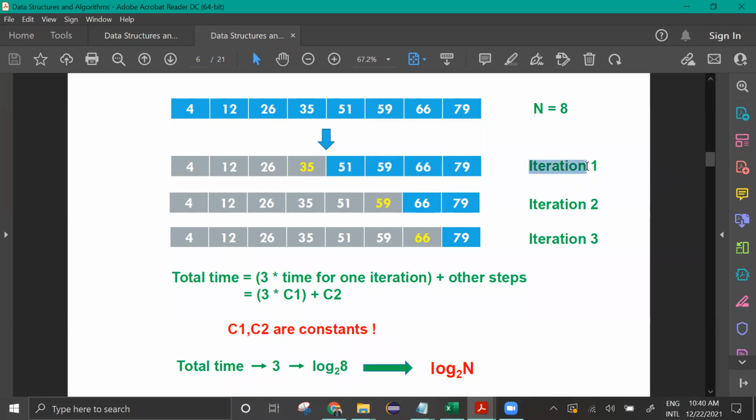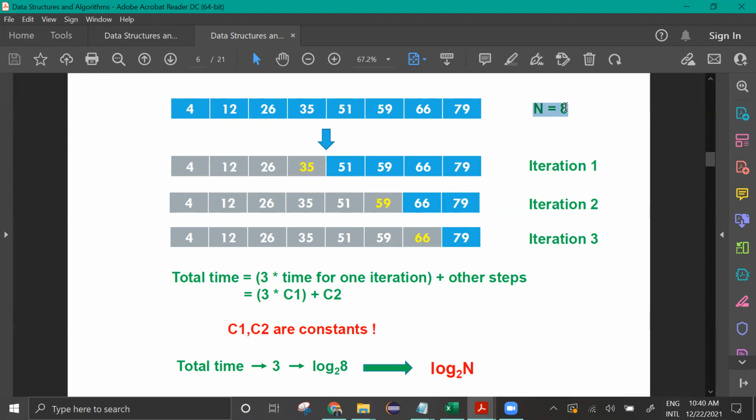So this is iteration 1. And then the next iteration, we find the middle and then we consider. Then the third iteration, we divide that into just one value, a one value array.